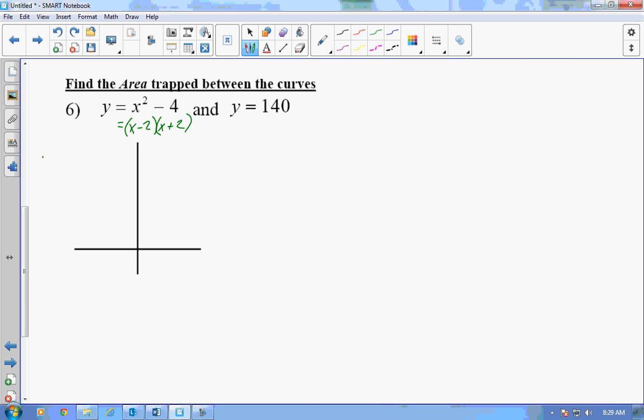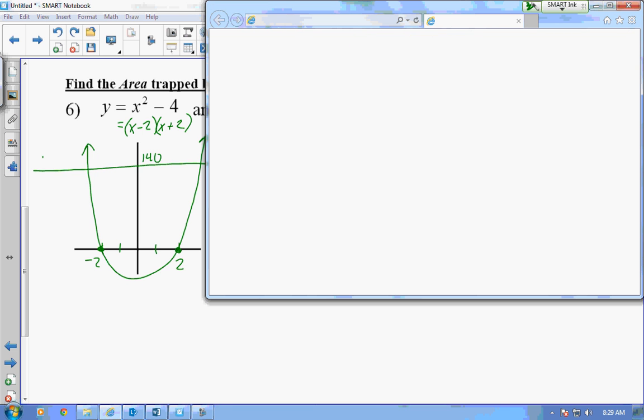So we have an intercept at negative 2 and positive 2. And it's a quadratic opening up. And y equals 140 is somewhere way up here, right? Y equals 140. Whoa. I don't know how that happened.